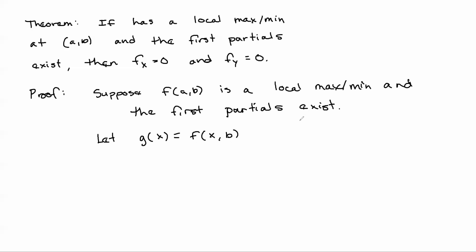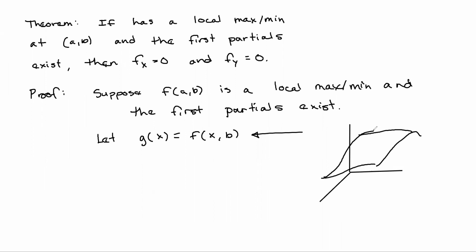So if you were to sketch a hypothetical surface, let's say we've got our surface, and we've got a, b. If we head up to the curve here, up to the surface, sorry.